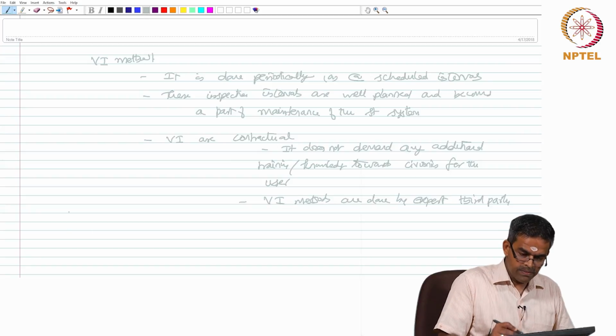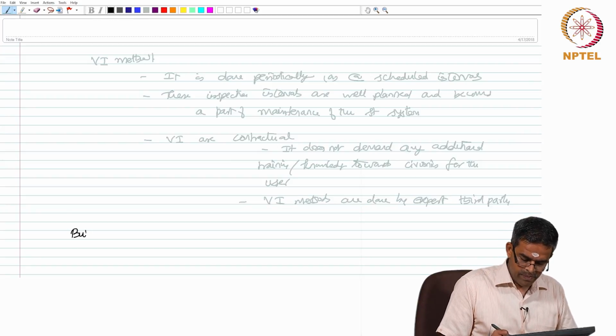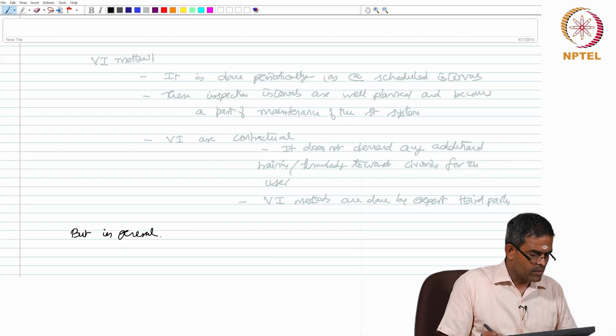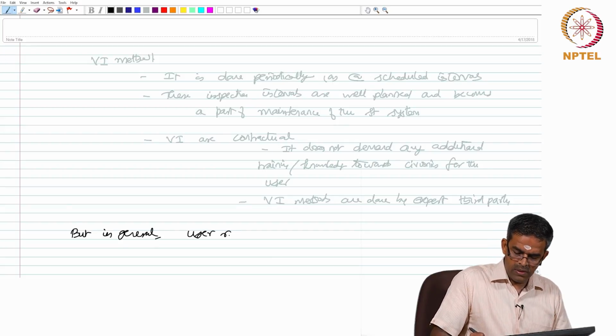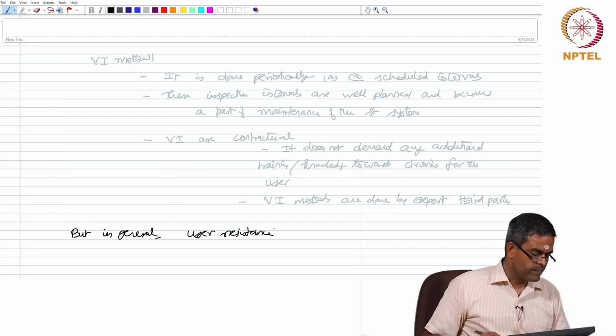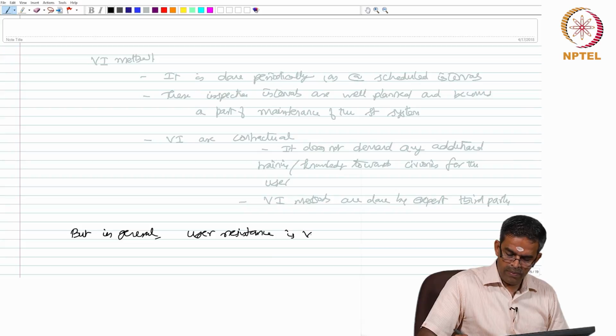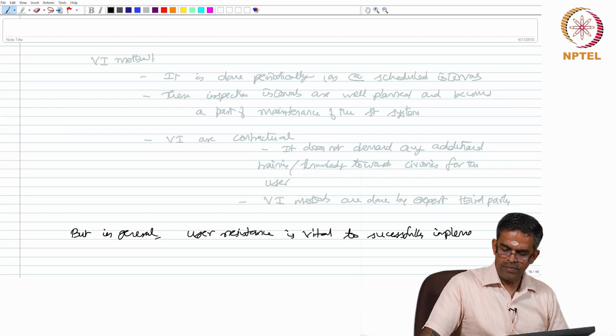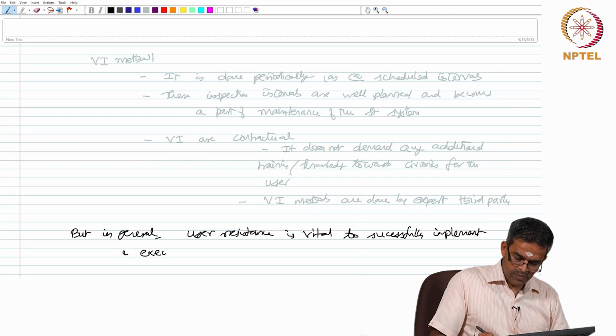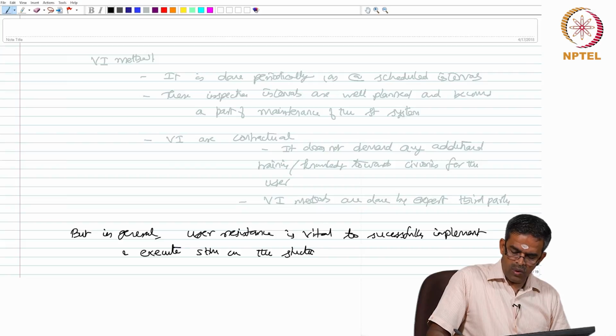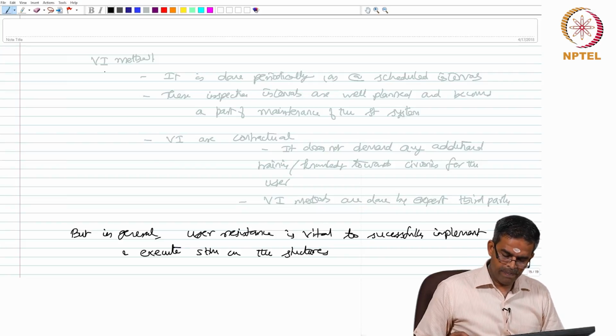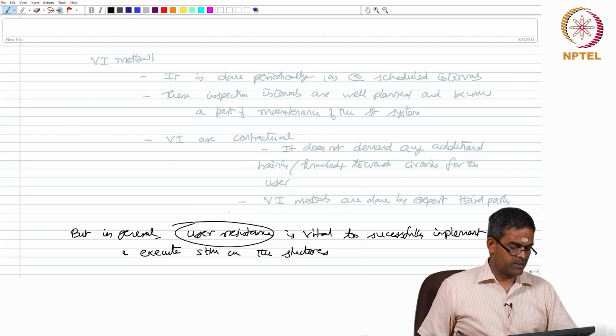But in general, user resistance is vital and important to successfully implement and execute SHM on the structures. So, one cannot ignore similarly the user resistance in case of any one of the methods.